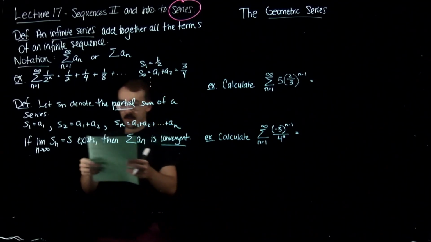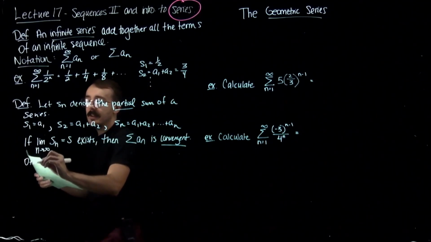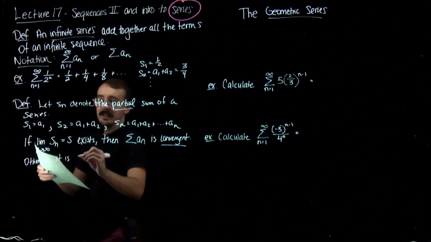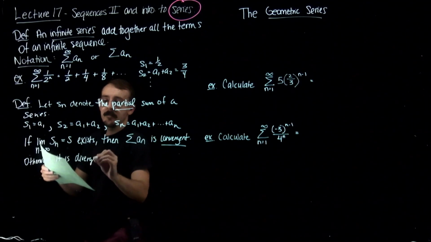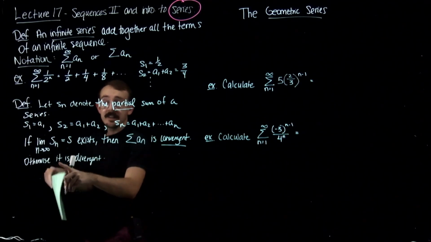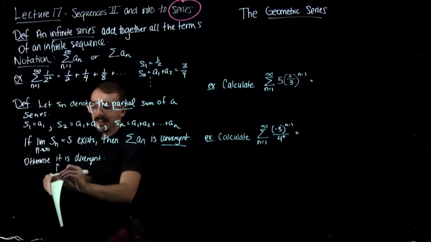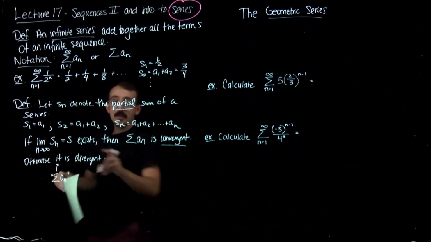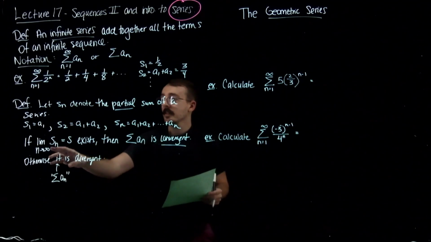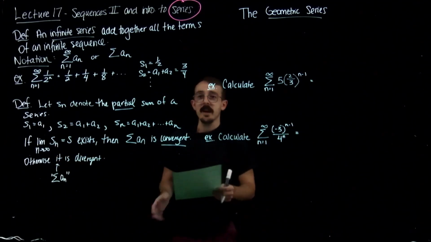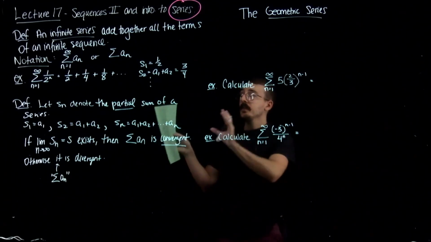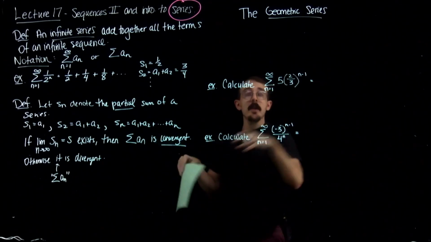So that's convergent. Otherwise, and you can probably guess by now, it is divergent. I want to be specific: the infinite sum is divergent if the limit of the partial sums does not go to s. OK, so that's what an infinite series is.